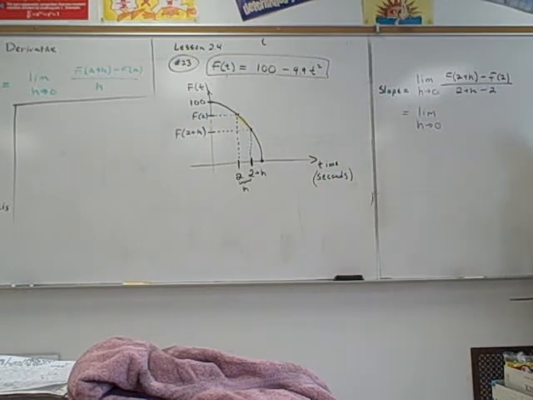100 minus 4.9 times 2 plus h squared. So I need to FOIL out 2 plus h times 2 plus h. So that's going to give me 100 minus 4.9. 2 times 2 is 4. 2 times h is 2h.